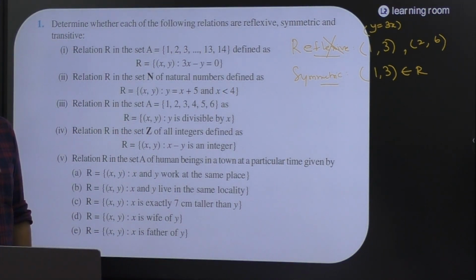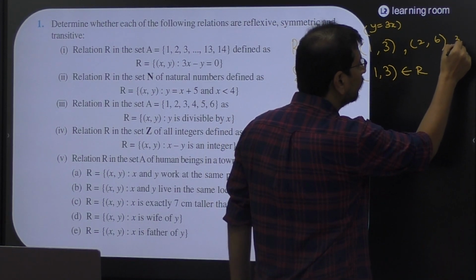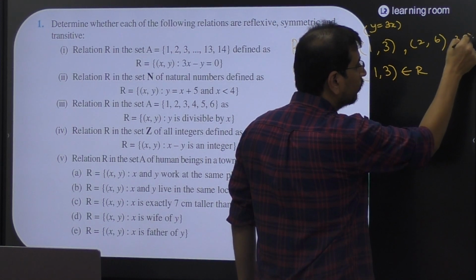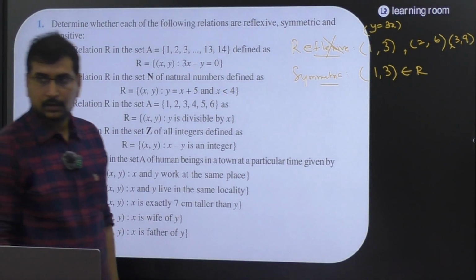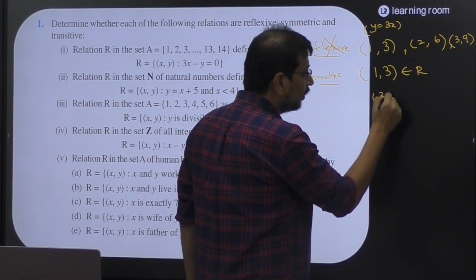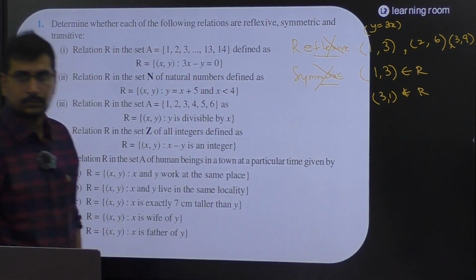It belongs to R. If this belongs to R, then (3, 1) should belong to R. Whereas when I substitute 3 there, what do I get? (1, 3) belongs to R, but (3, 1) does not belong to R, hence symmetry is also lost.